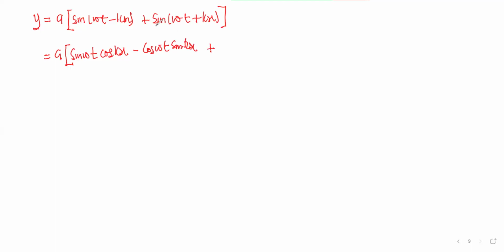Then the simplification of this part will be sine omega t cos kx plus cos omega t sine kx. Then we'll realize that cos omega t sine kx, being negative, plus this, would cancel out.